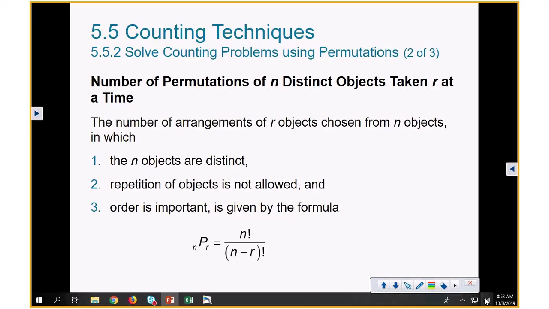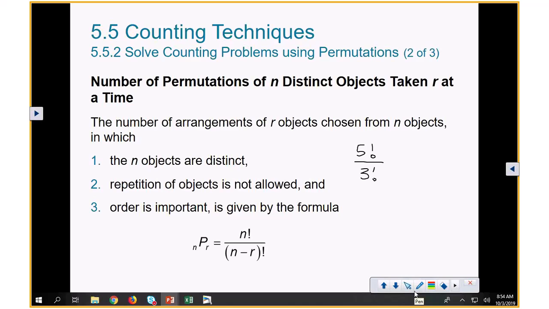Now, I'm going to show you something. This is how this formula works. If I give you 5 factorial over 3 factorial, because the top's always bigger, that's basically what this is right here.